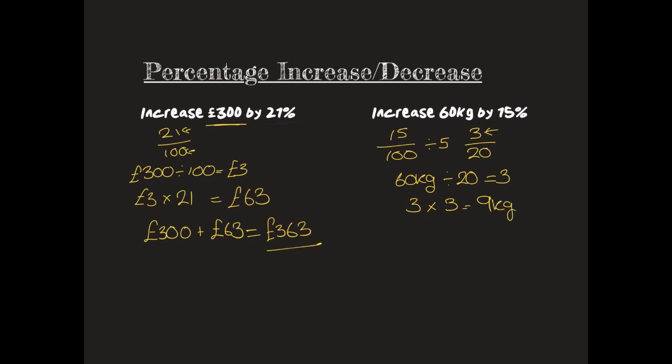So I need to increase my 60 kilograms by 15%, which is 9 kilograms. So on the next line I'm going to do 60 kilograms plus 9 kilograms means my new amount will be 69 kilograms. 60 plus 9 is 69.